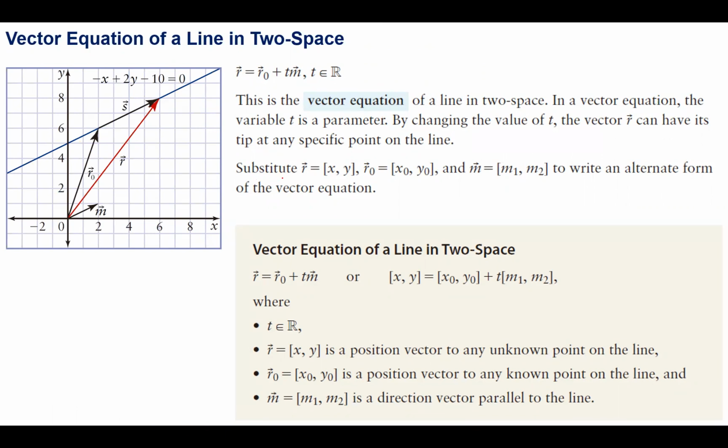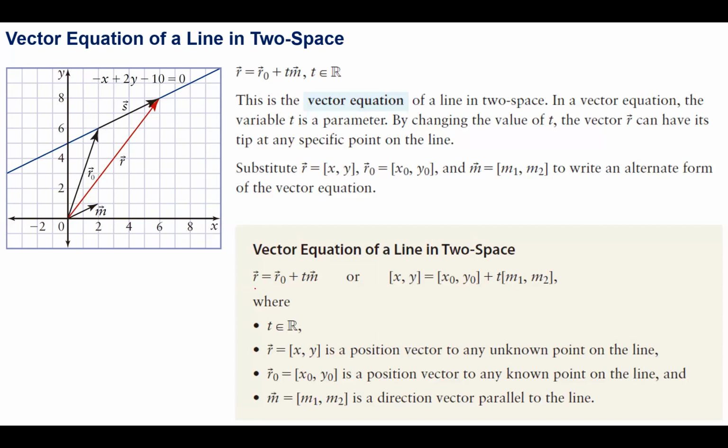And also we can substitute r using its position vector x, y, and r naught using its position vector x naught, y naught, and m with this position vector m1, m2 to write an alternative form of the vector equation like this.